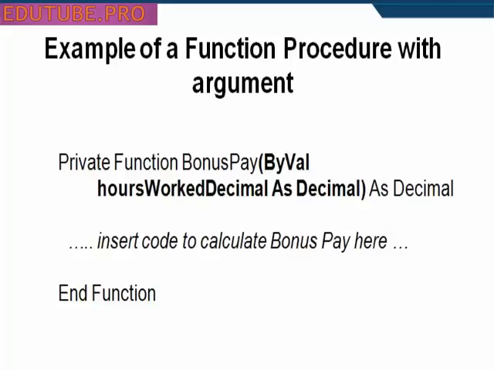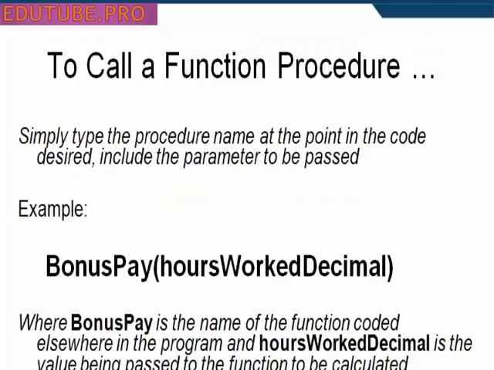The main difference between coding a function procedure and coding a sub-procedure is that a function procedure must set up the return value. The return value is placed in a variable that Visual Basic names the same name as the function name. So in this case, the returning value would be placed in the function called bonus pay. You can then use bonus pay in a statement elsewhere in the program, which would in turn contain the result of the calculation in this function.